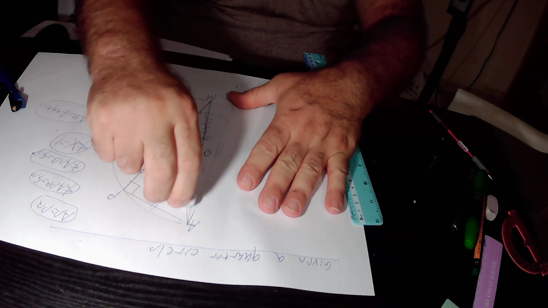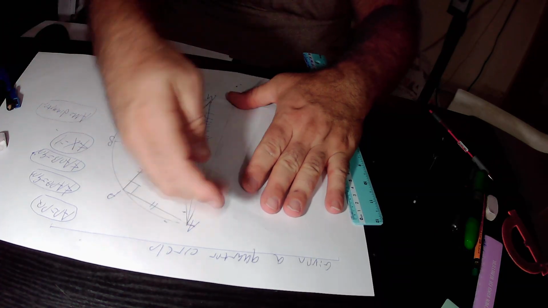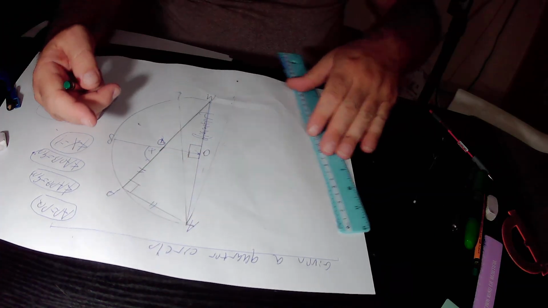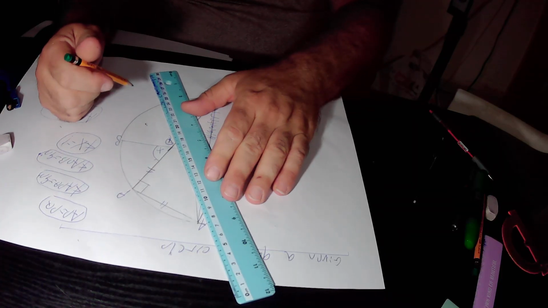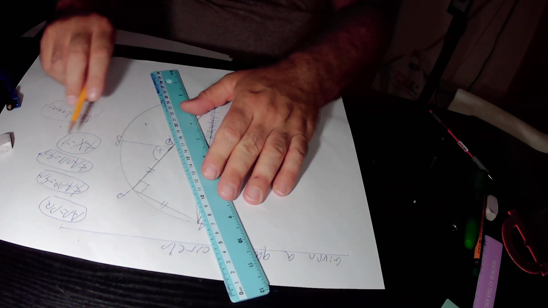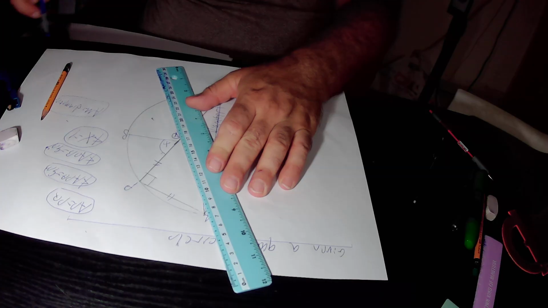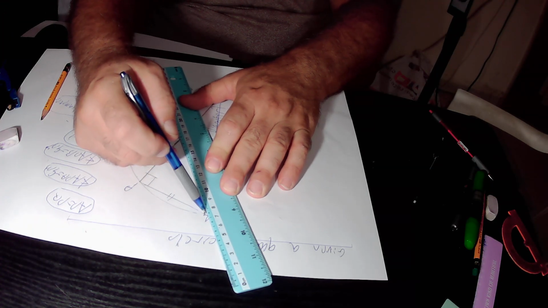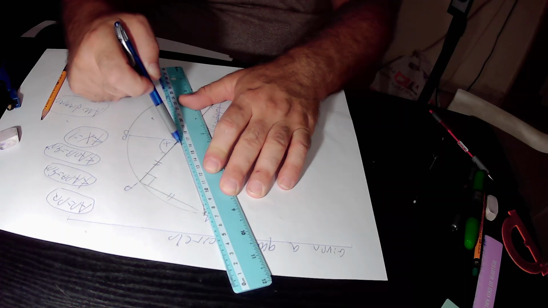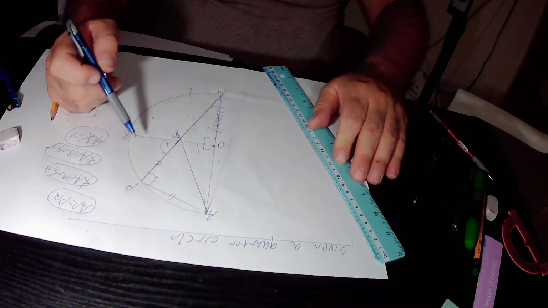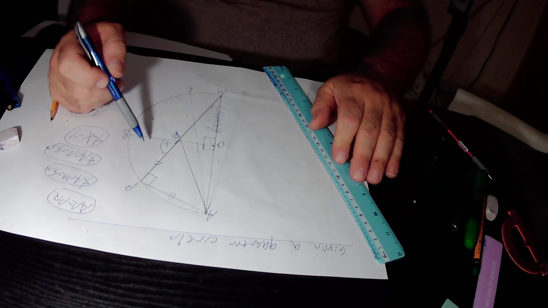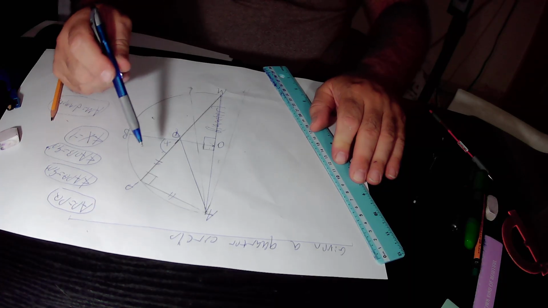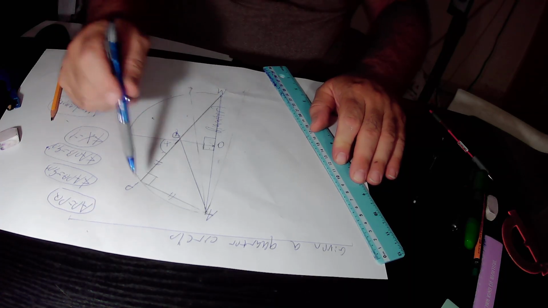In the next step, we join points A and Q together by a straight line. By joining points A and Q, we created the right triangle that is also an isosceles triangle, triangle APQ.